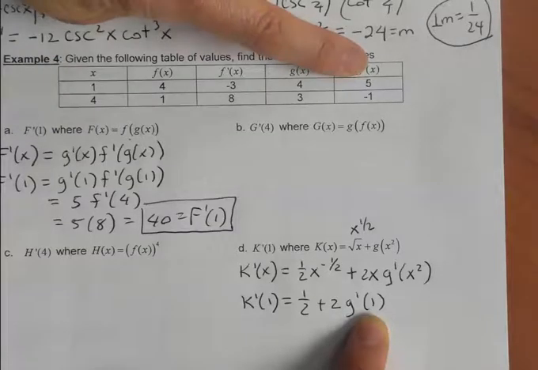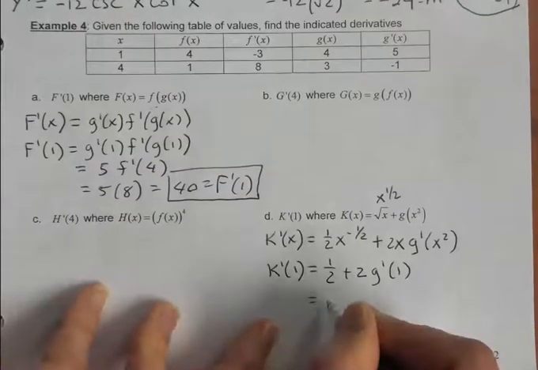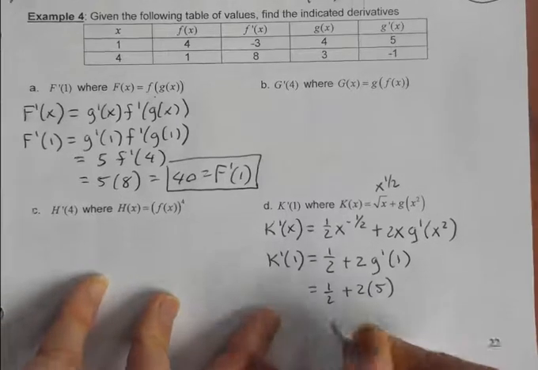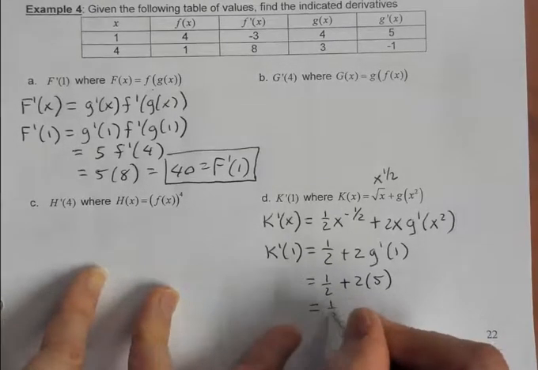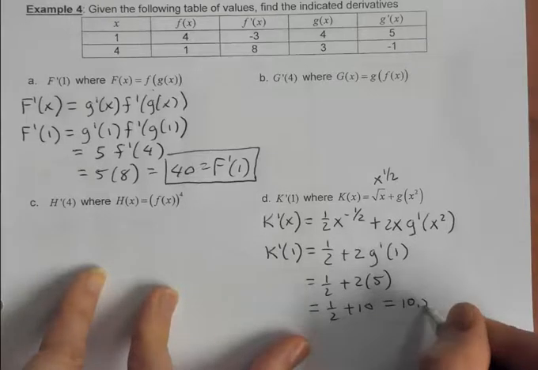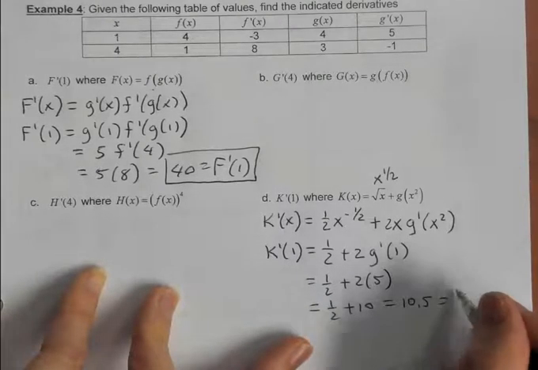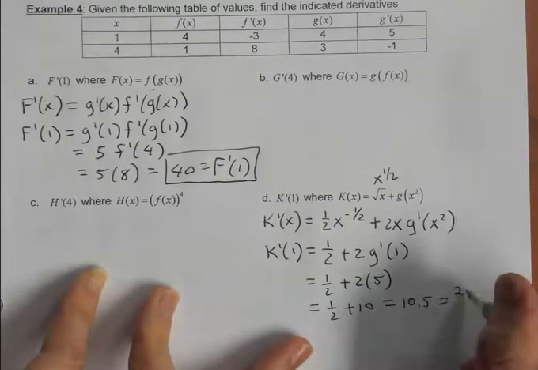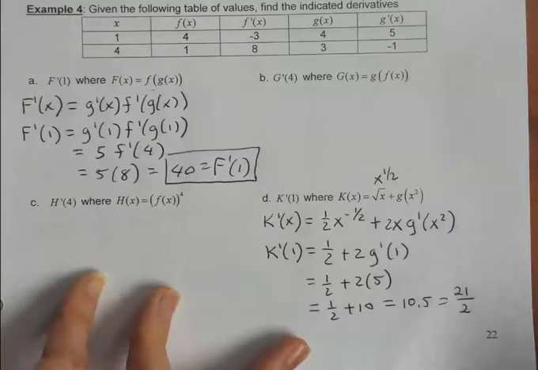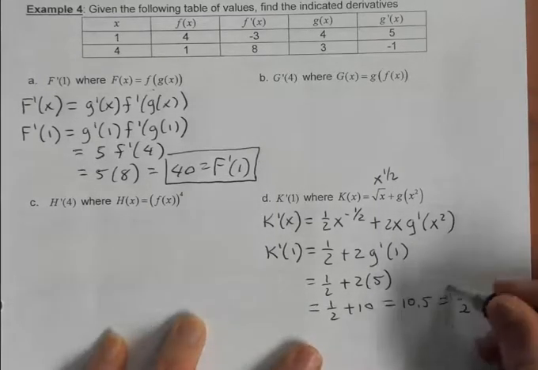Yep, right up there. So then this is going to be equal to a 1/2 plus 2 times 5, which gives me a 1/2 plus 10. So it's either 10.5 or 21 over 2. Any of those answers would be fine.